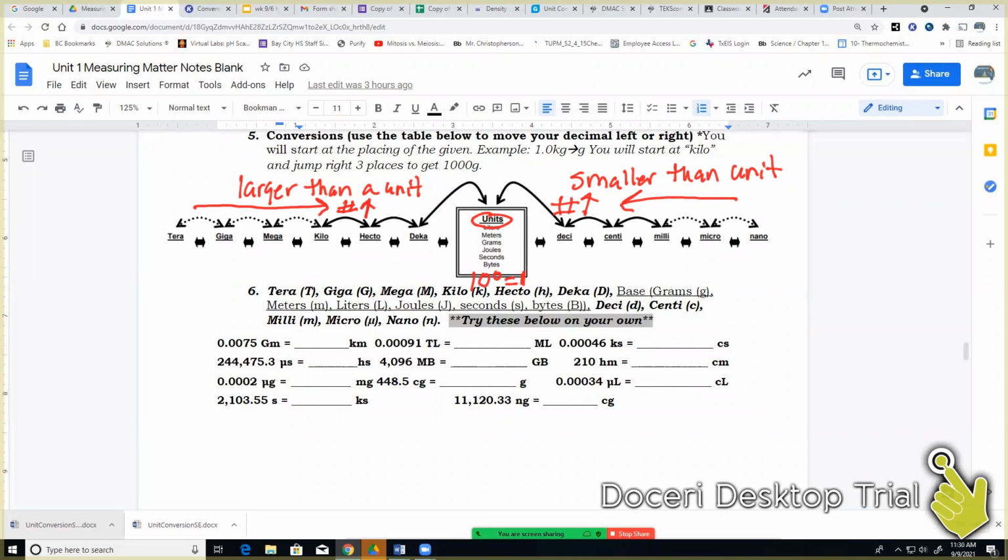All right. So we're going to give all of these. You will need to memorize the order, or you would need to memorize the numbers with these coefficients. 1 tera unit is equal to 10 to the 12th units. 1 giga unit, 10 to the 9th units. 1 mega unit, 10 to the 6th.